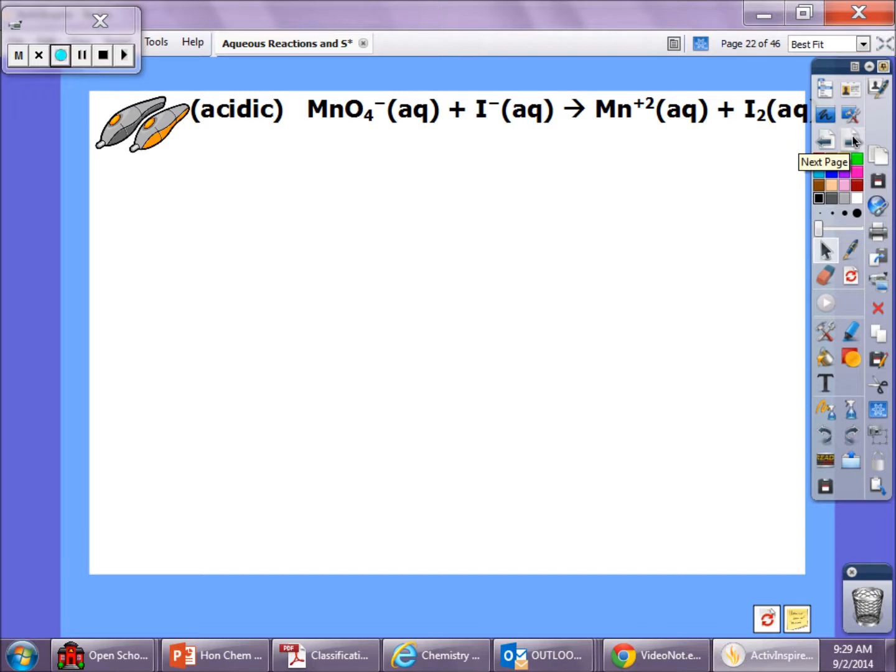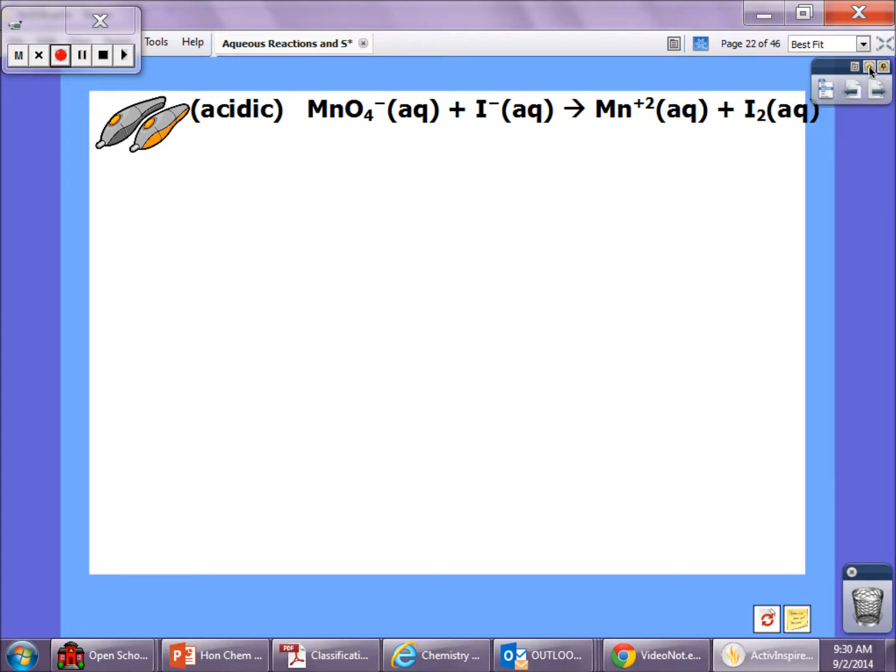Okay, every time it says in an acidic solution, that means you need to end up with H plus in your balanced equation. So pause the video again, write this equation, and I'm sure some of them are in your packet already. So there's nothing after this.